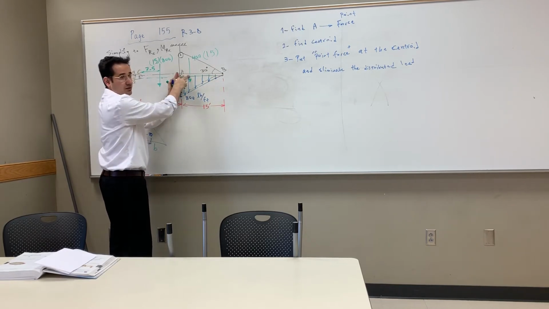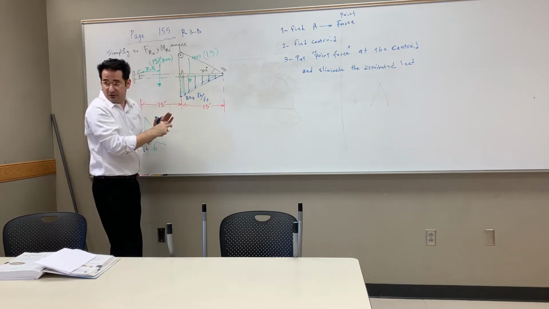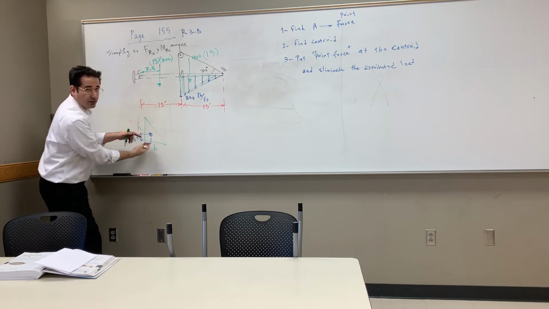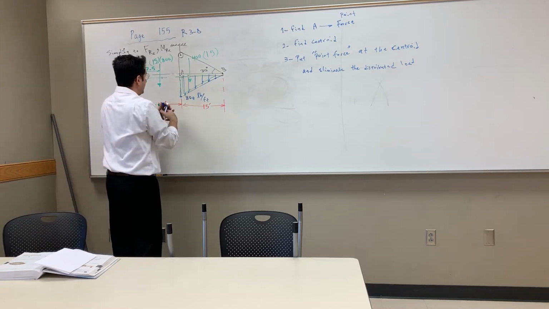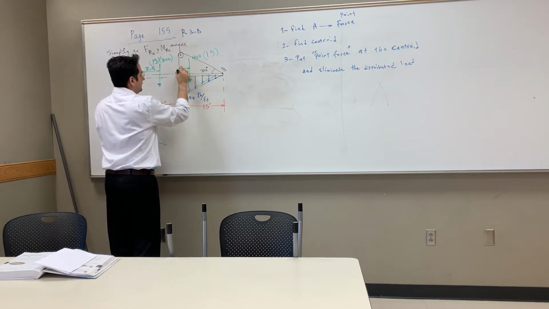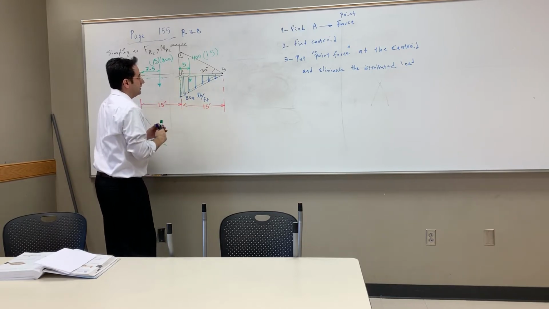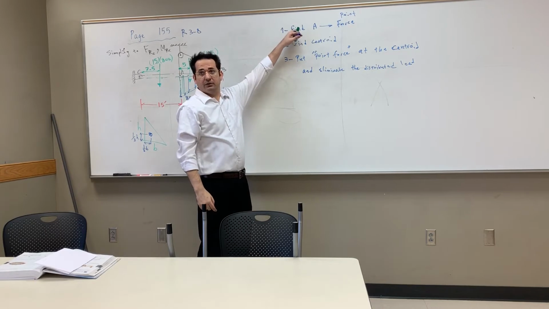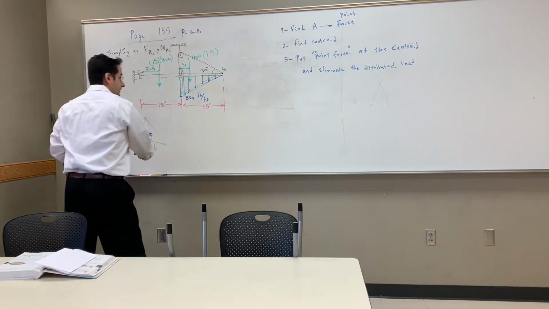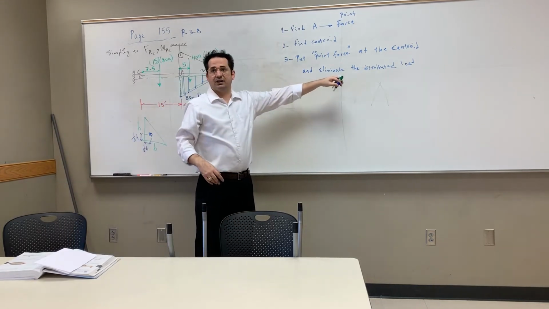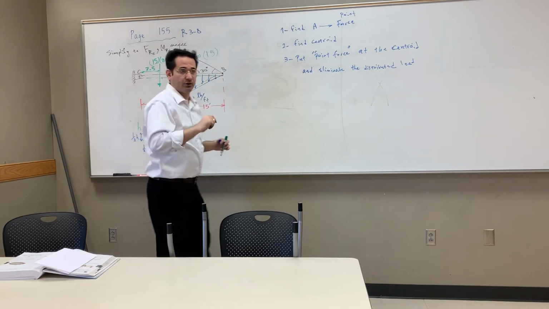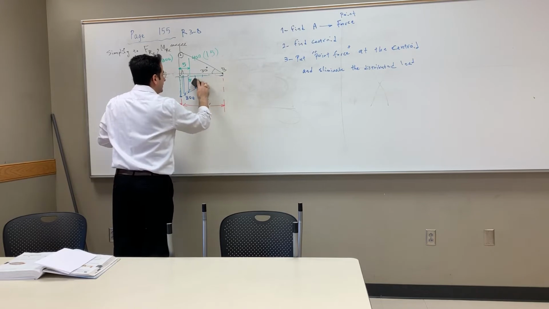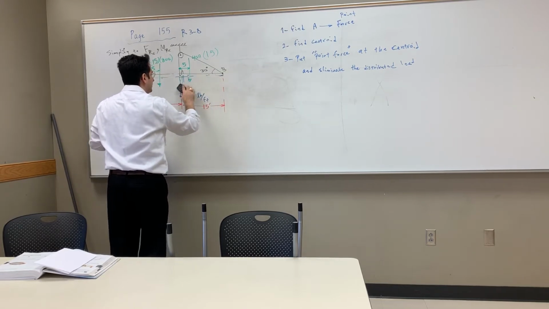What's this distance? 5. Thank you. 1/3 of the height. You see, 1/3 of the height, right? So from here to here is 5, right? And the value of the point load is step number 1, the area which we have. So now eliminate it. We'll replace it with a point load. So there is no reason to keep it anymore. So here we go.